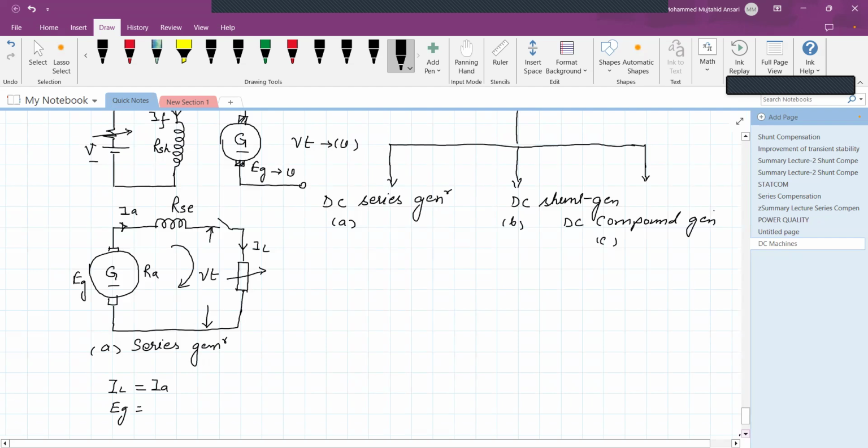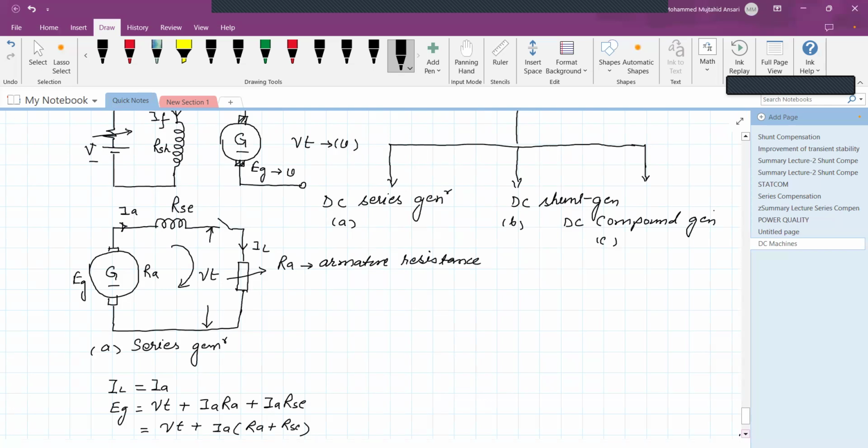So EG is equal to terminal voltage plus IA RA plus IA RSE. So in short, EG is equal to VT plus IA into bracket RA plus RSE, where RA is the armature resistance. It is common when we study DC machines.